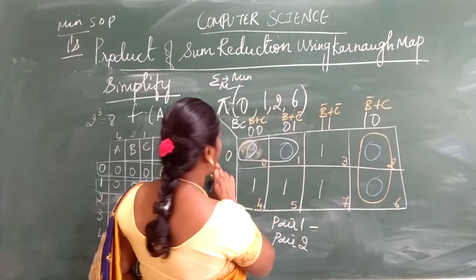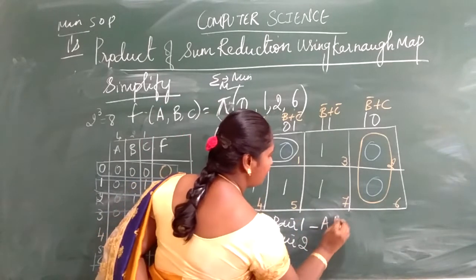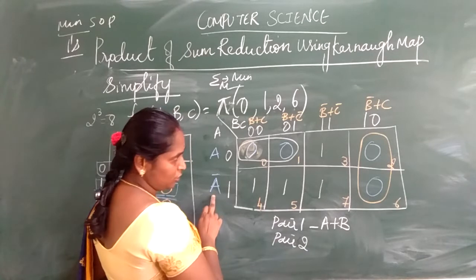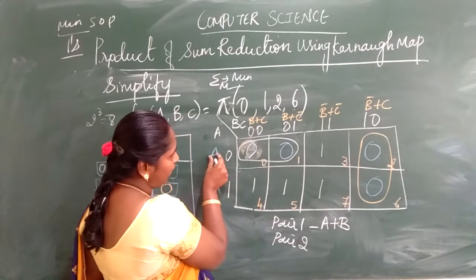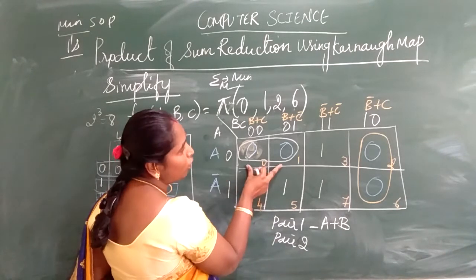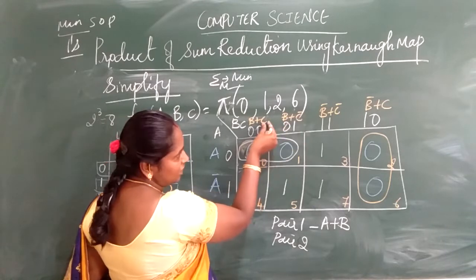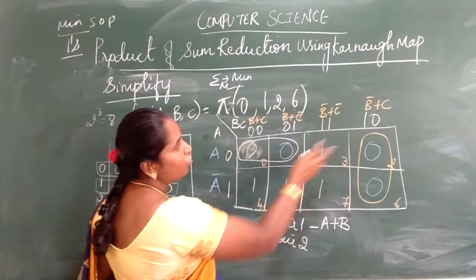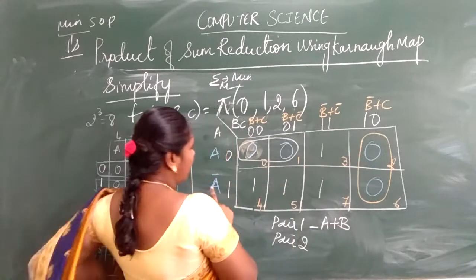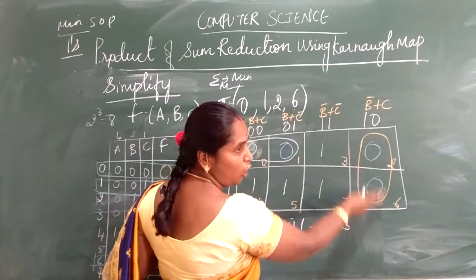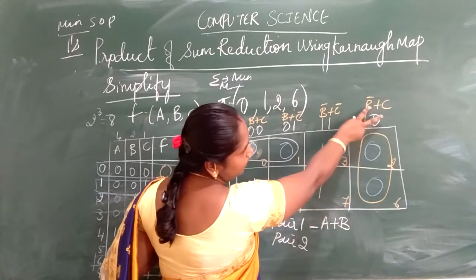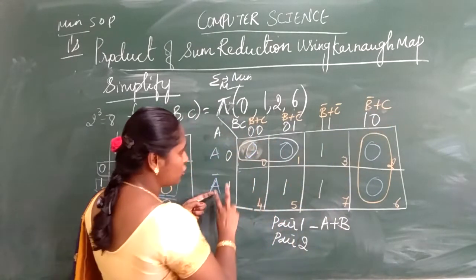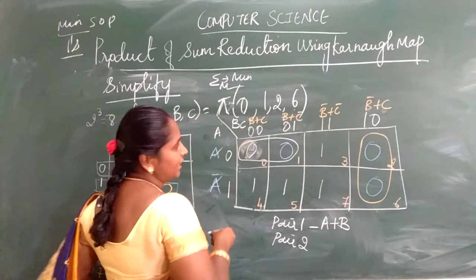My expression for pair 1 is A plus B. For pair 1, my vertical stays as it is, only my horizontal changes, so C bar changes to C. So here B is as it is, A plus B. For pair 2, A bar and these two change, B bar plus C. A is changed to A bar, so A and A bar get cancelled.